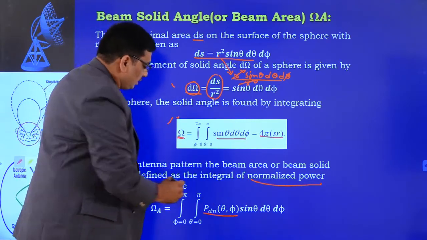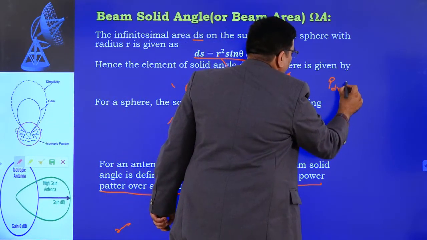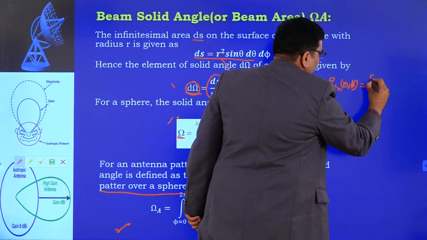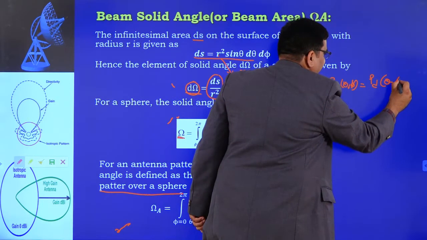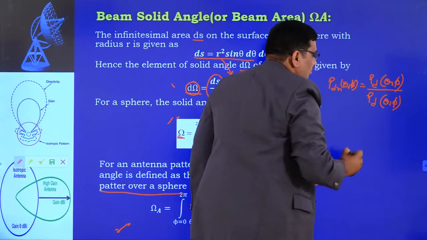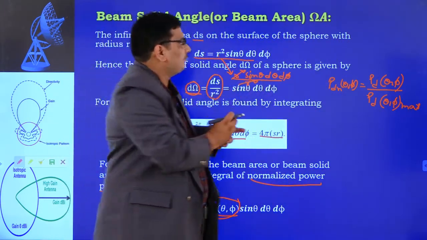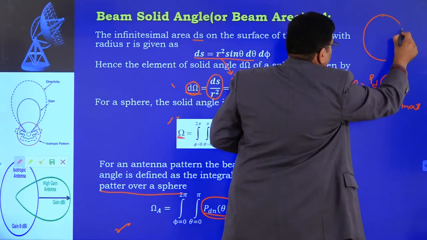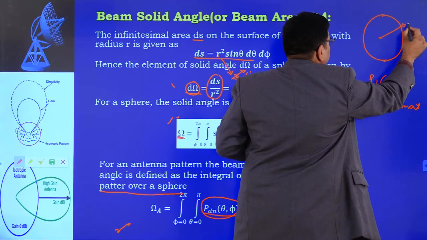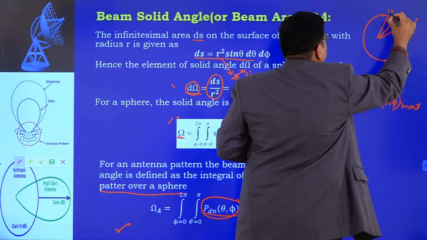So what is this normalized power pattern? We get many values at different angles. The ratio of the value at one angle to the maximum power density, or maximum power, is the normalized value. Suppose you take a circle, at theta equal to 5 degrees you get some value, at theta equal to 10 degrees you get some value, at theta equal to 15 you get some value.